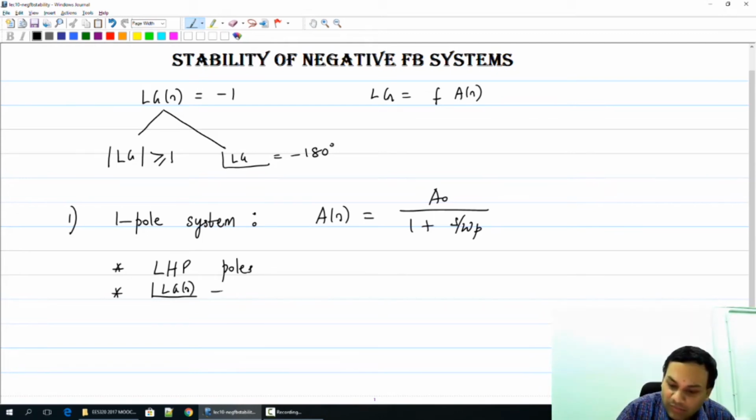Then we will look at the angle of the loop gain. Now it turns out that for this particular system, at very low frequencies the angle of the loop gain is 0, and at very high frequencies the angle of the loop gain goes to minus 90 degrees.